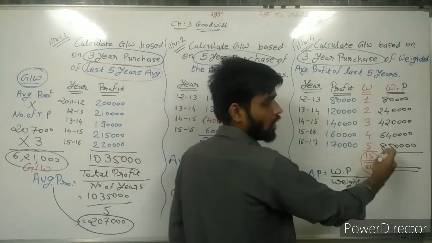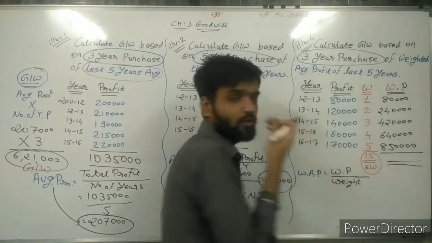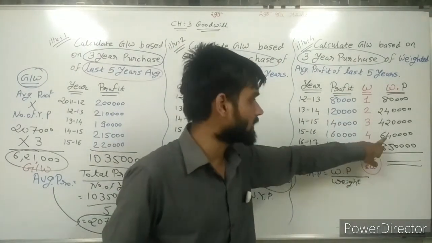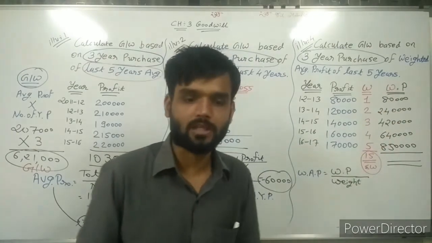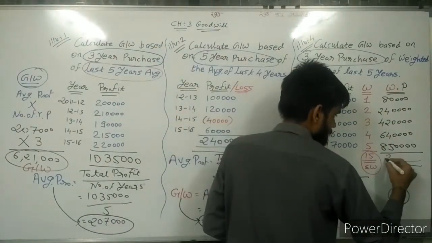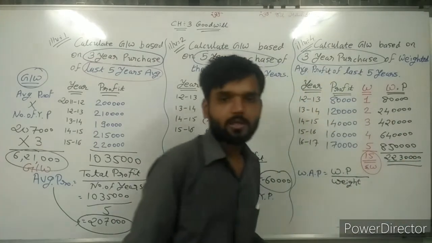And the total of all this: if you are making the total, 80,000 plus 2,40,000, 4,20,000, 6,40,000, 8,50,000, the total is 22,30,000.